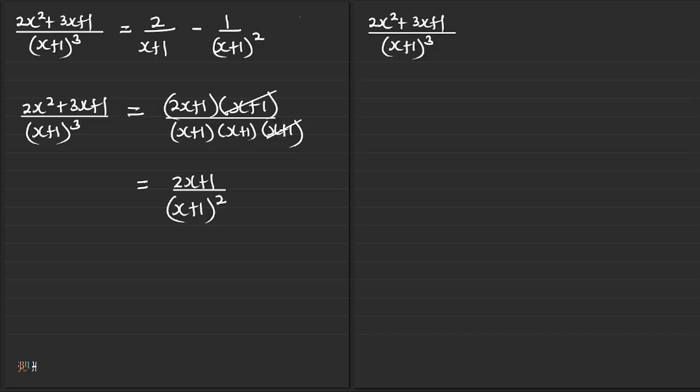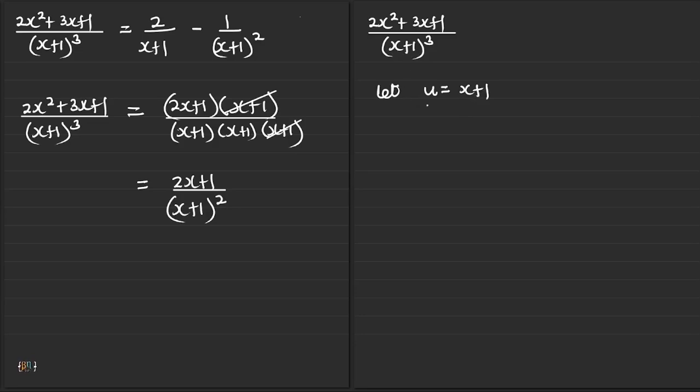So what it says is, we first of all define a variable. So we say let u be equal to x plus 1. This x plus 1 is actually taken from what? The repeated factor.